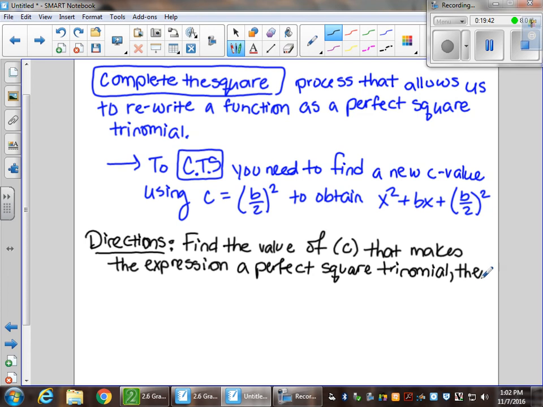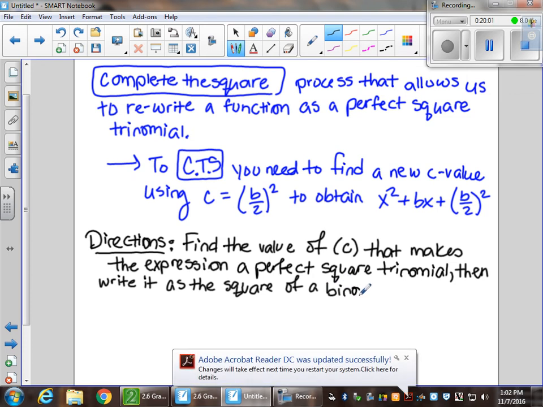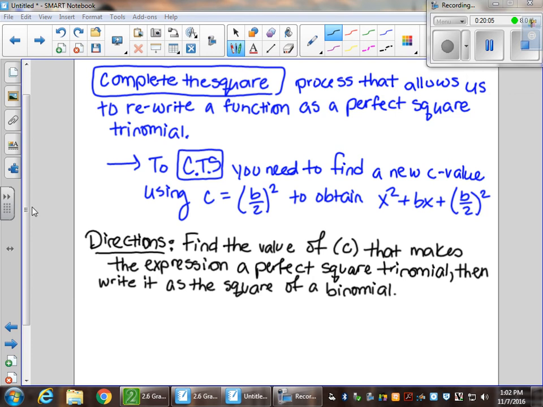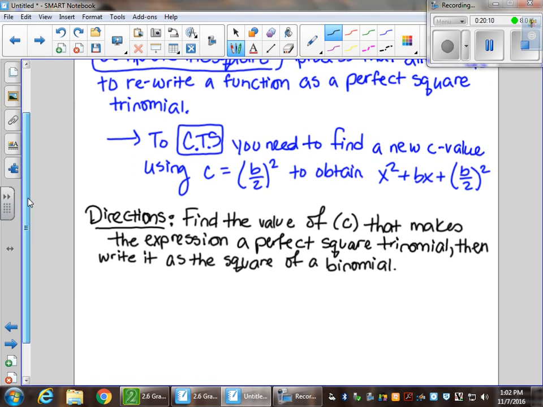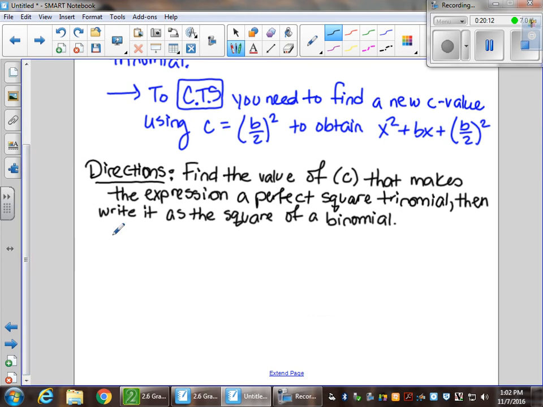Then write it as the square of a binomial. So find the value of c that makes the expression a perfect square trinomial, then write it as the square of a binomial. So let's see what that looks like.